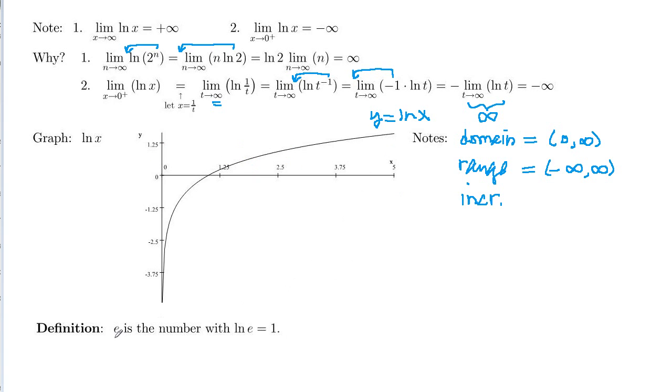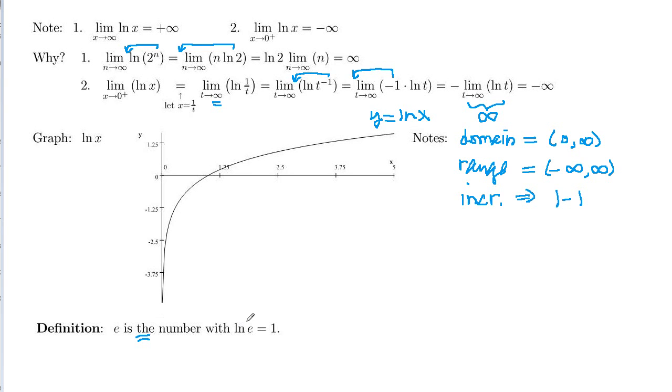Also, the number e, you're familiar with that number. It's an irrational number. It is defined as the number where the natural log of e is 1. There's only one such number because the log function is 1 to 1. It's increasing here, so that tells you that it's 1 to 1, so it's got an inverse.